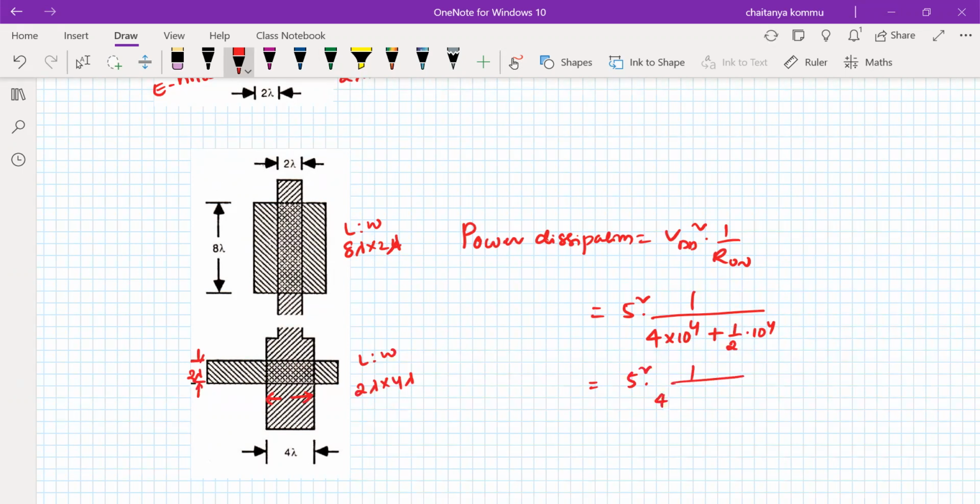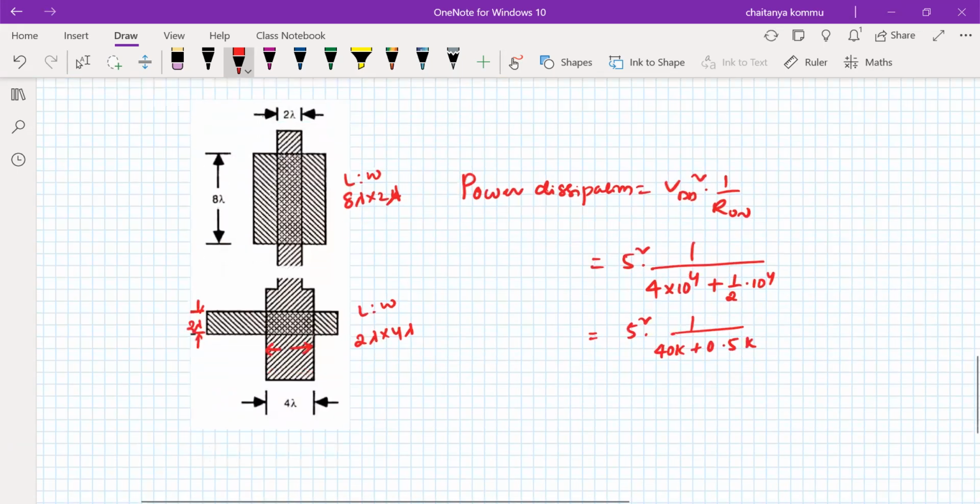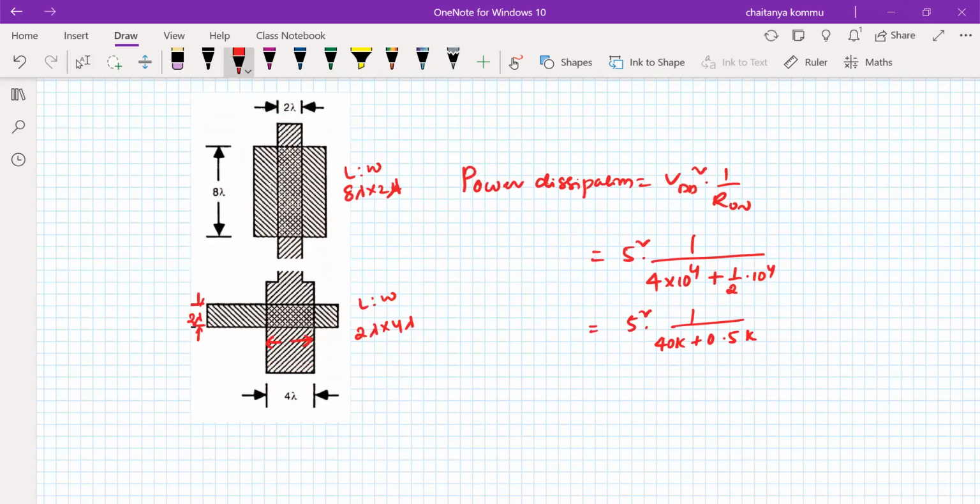1 by 40 kilo plus 0.5 kilo. Sorry, it's not 0.5 kilo, it is 0.5 into 10, 5 kilo ohm. So its value becomes 5 square into 1 by 45 kilo.